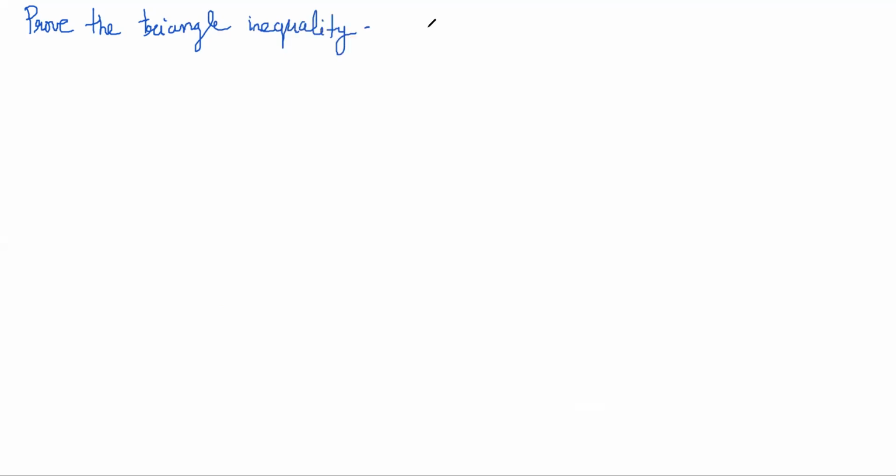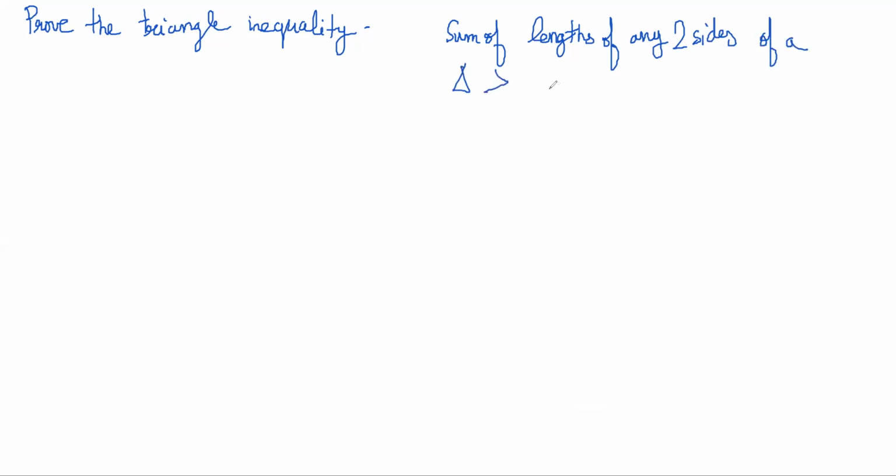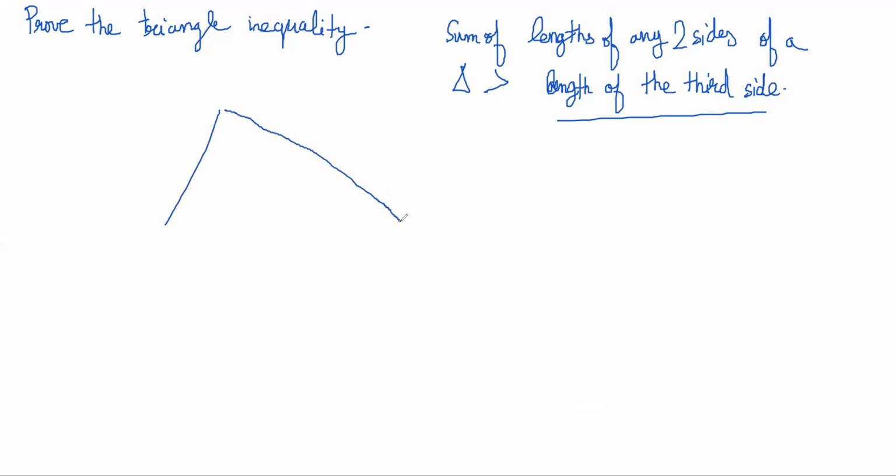The triangle inequality is that the sum of lengths of any two sides of a triangle is greater than the length of the third side. Let's try to prove this. We know how to use it, but we should also know the proof of it.